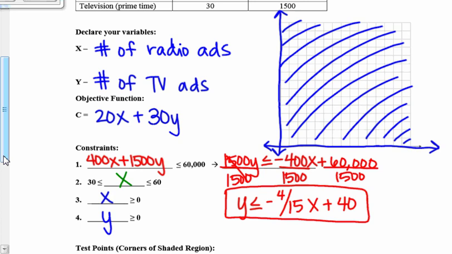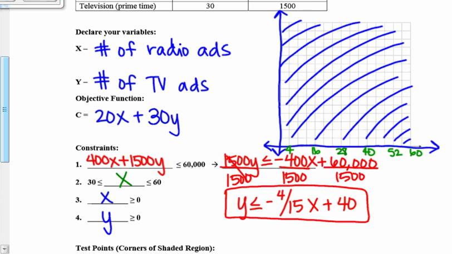So let's see, if this is 4 here, 8, 12, 16 would be here, 20, 24, 28, 32, 36, 40, 44, 48, 52, 56, 60. So I just kind of wrote some out.